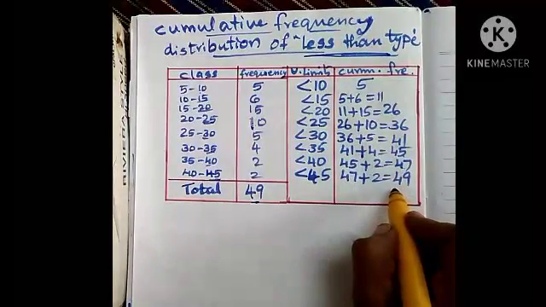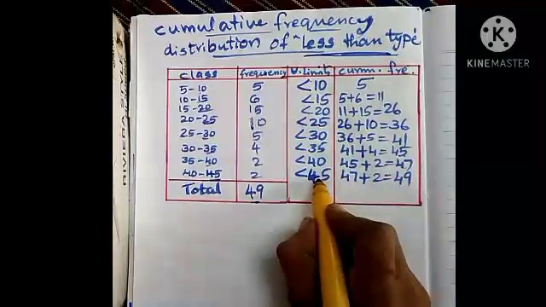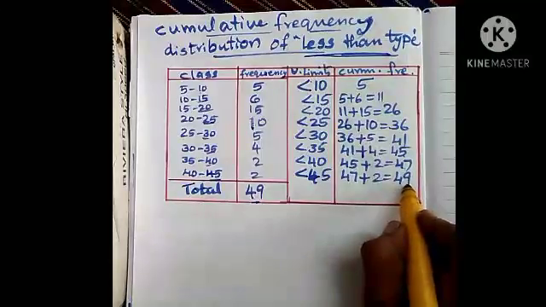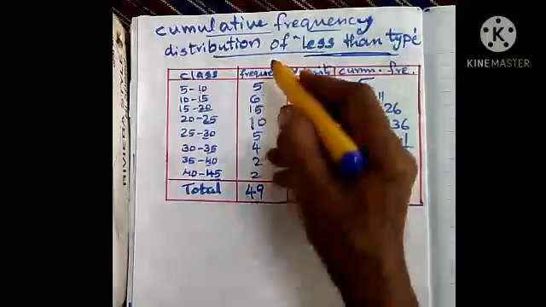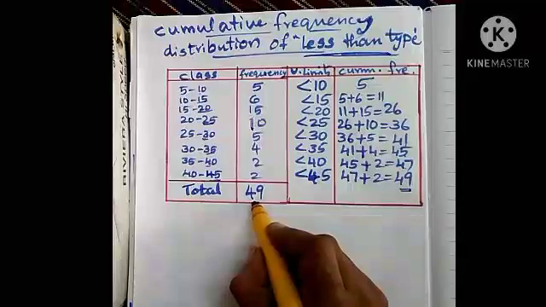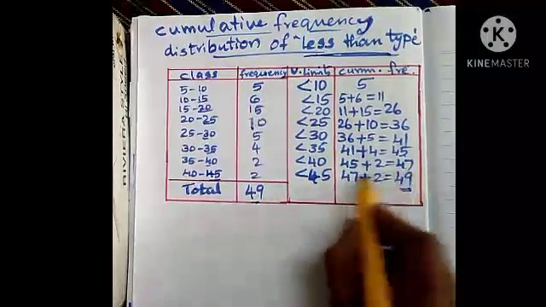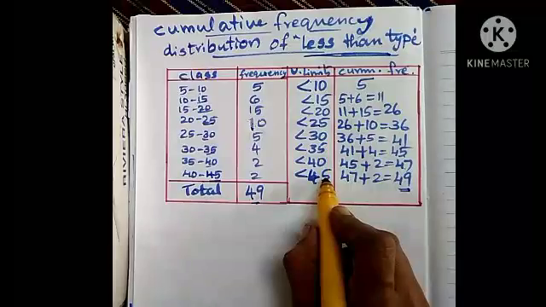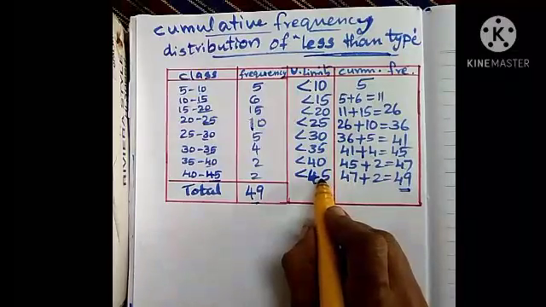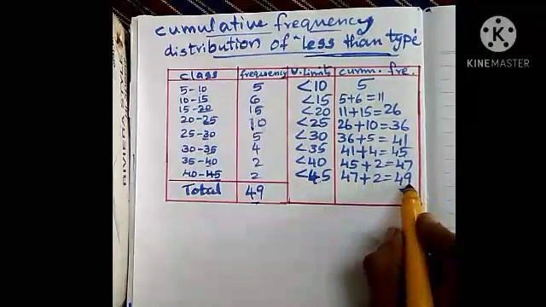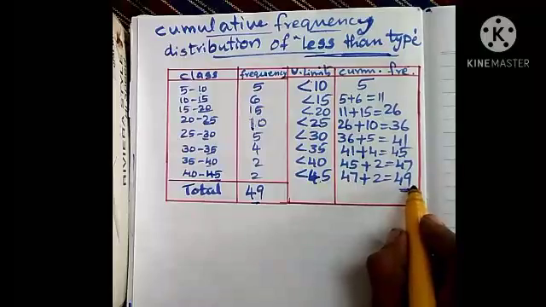Now you can see that less than 45, how many students are there? 49, meaning total frequency, that's the strength of the class, is 49. So all the 49 students got marks less than 45. Understand? So less than 45 means total frequency will be here.